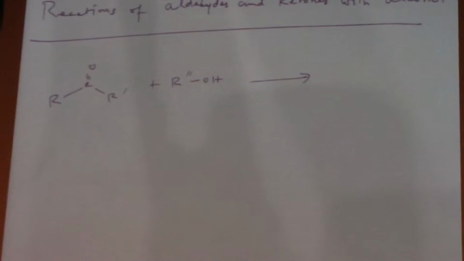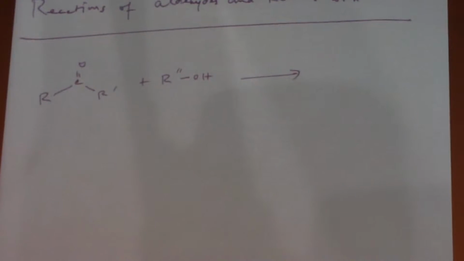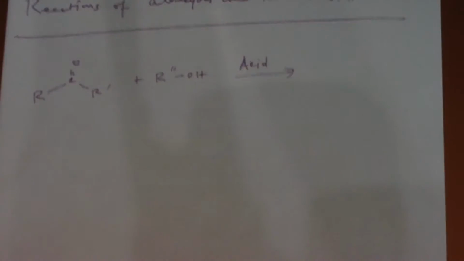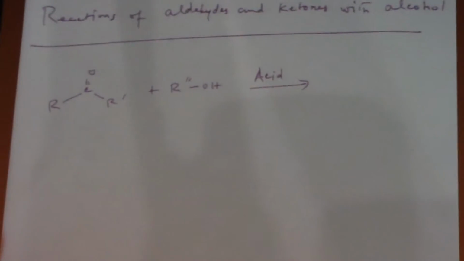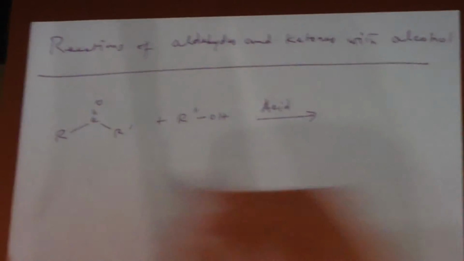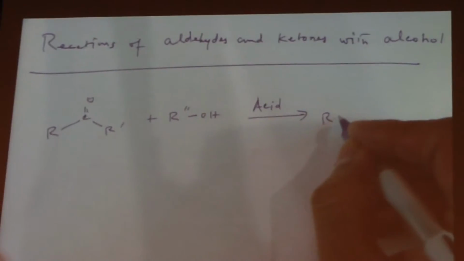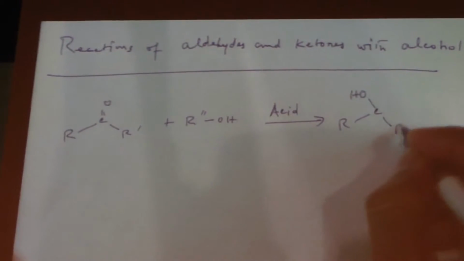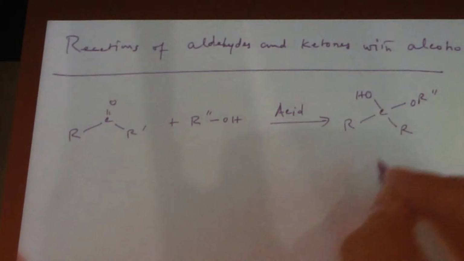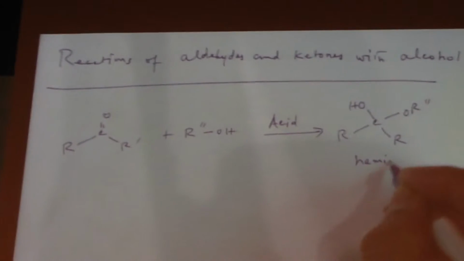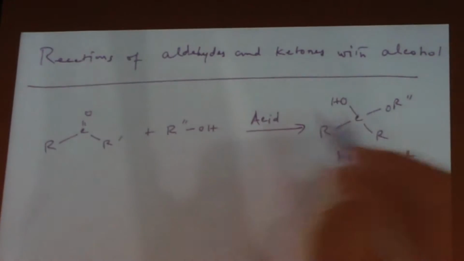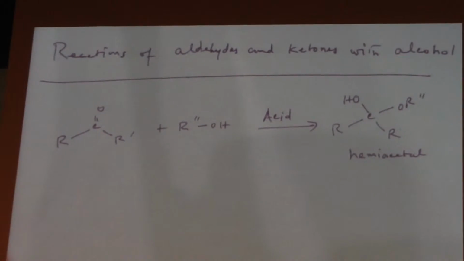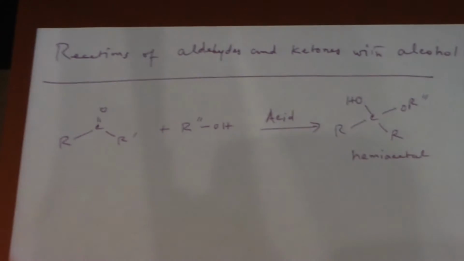If you treat either an aldehyde or a ketone with an alcohol under acidic condition, that's important, so you provide a catalytic amount of acid in there, they can form initially what we call a hemiacetal. The hemiacetal has one hydroxyl group, and another one is the OR prime, which comes from the alcohol.